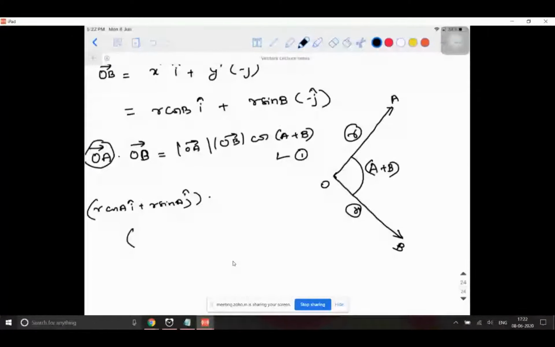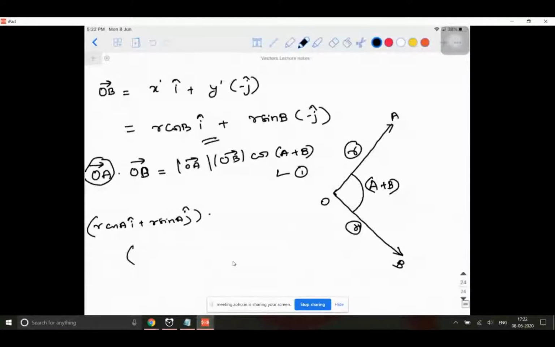You have it in front of you. R cos B i cap, I push this minus to the opposite part, I will write it as minus R sin B j cap. Convinced? So I wrote OA vector and OB vector like this. Now magnitude of OA into magnitude of OB into cos of A plus B is the basic definition of it. So this is the LHS.